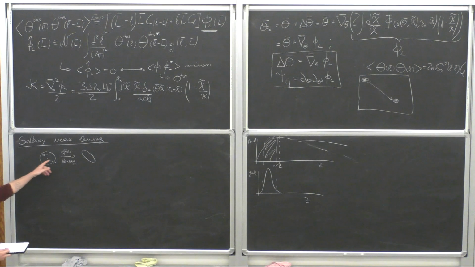And it's this kind of distortion in the shape of the galaxies that is targeted in galaxy weak lensing.